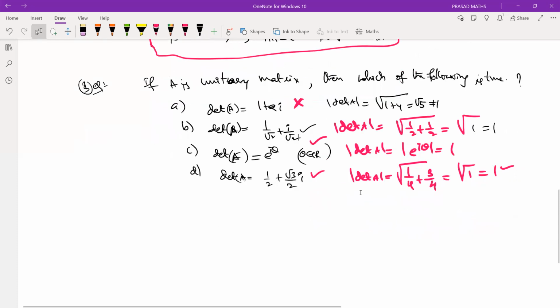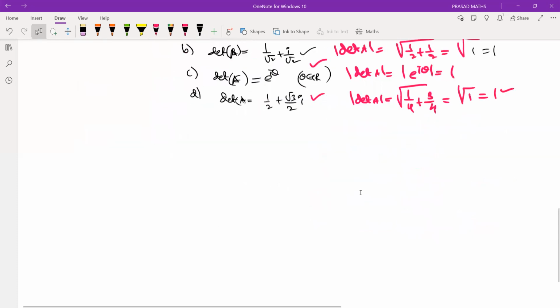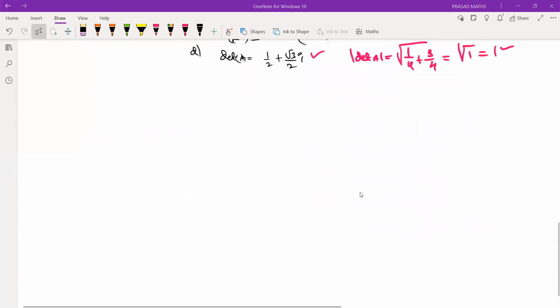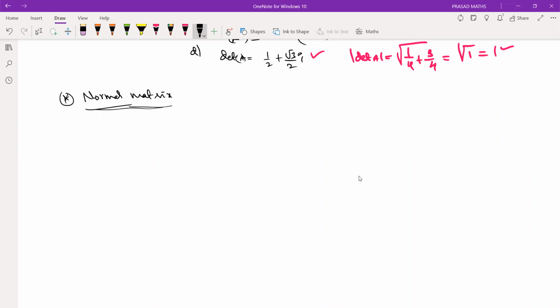Right. Next is normal matrix. You start with a square matrix.